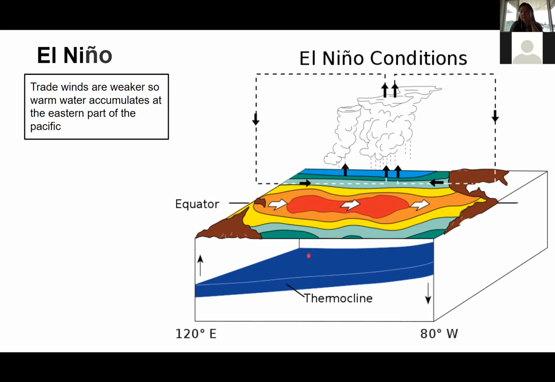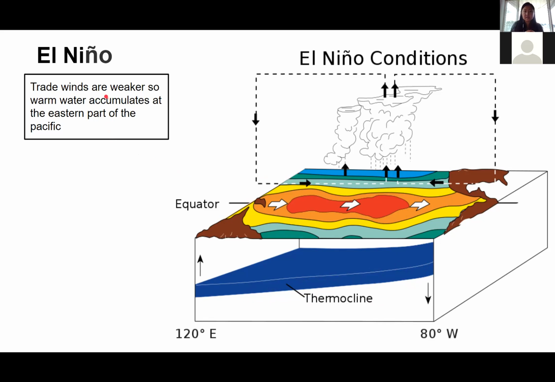That leaves the bottom of the ocean with a bunch of nutrients that are not being used and eaten. So the upwelling is actually really healthy for the North and South American coasts, because a bunch of nutrients gets upwelled and recycled upwards. But because there's not as much upwelling during El Nino, the coast is not getting those nutrients.